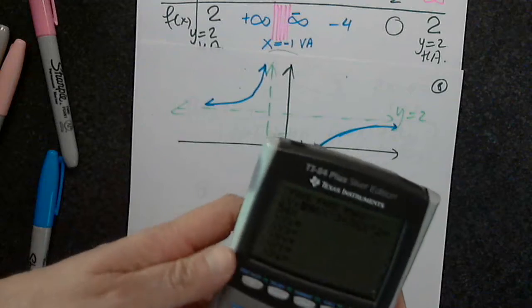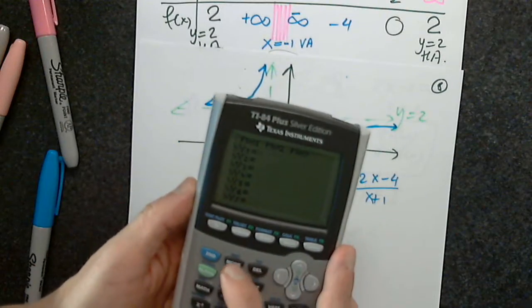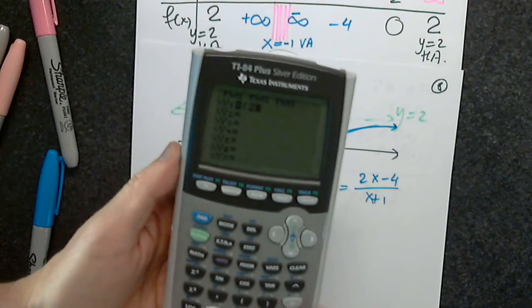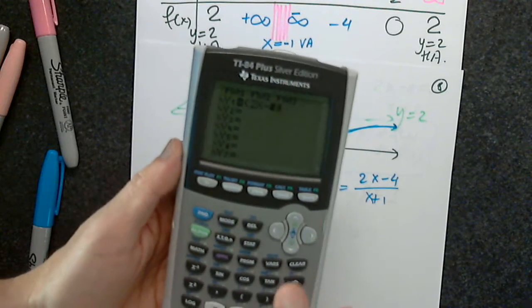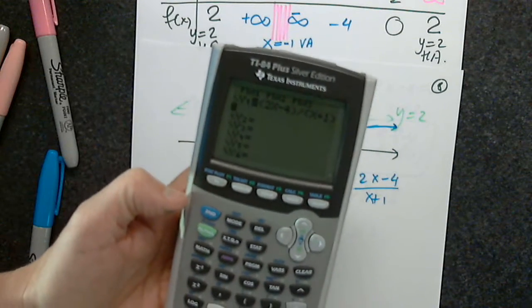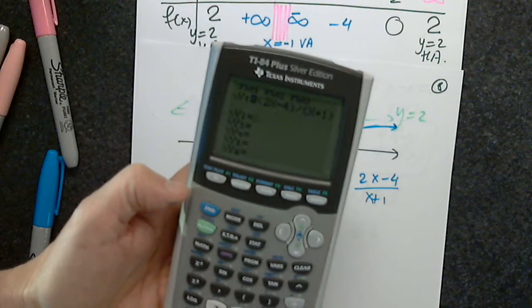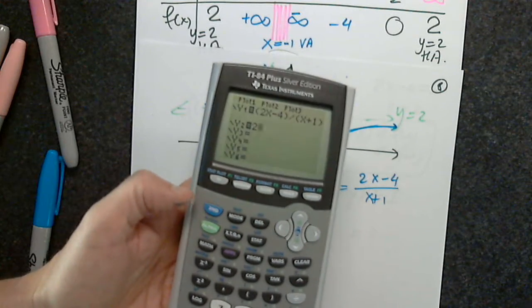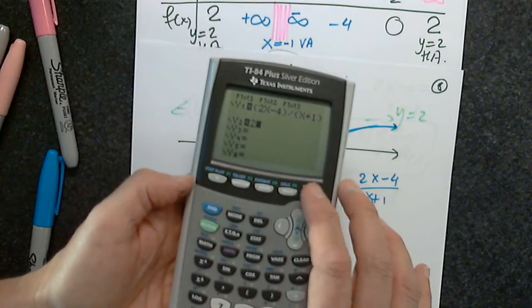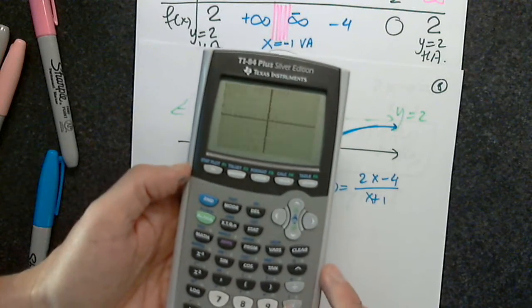In the newer calculators, you may have to insert it. I'm not sure. So parentheses 2x minus 4. I haven't checked. Let's see what happens when I use standard.